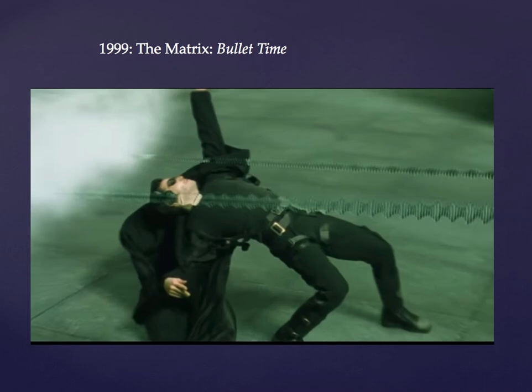So in 1999, The Matrix comes out, and we have this term bullet time, where Neo is dodging bullets while he's in the Matrix. He's taken the red pill, and he's seeing the real world for what it is. It was really amazing for a lot of people.